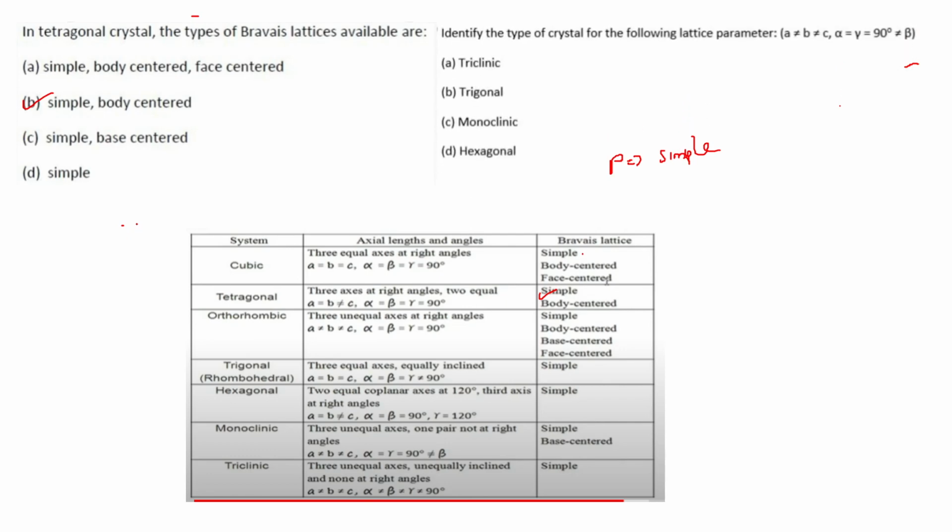Next question is also similar to this. Identify the type of crystal for the following lattice parameters. The question is: a not equal to b not equal to c, and alpha is equal to gamma is equal to 90 degrees, not equal to beta.